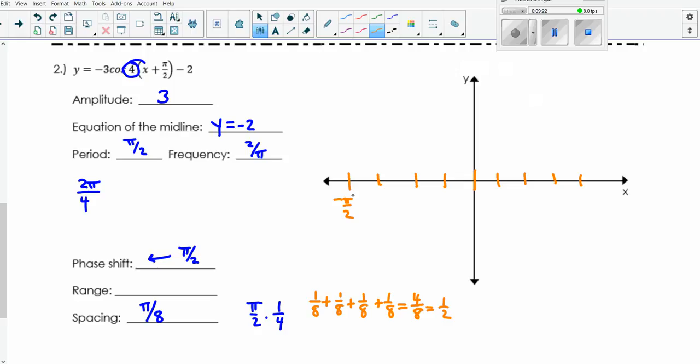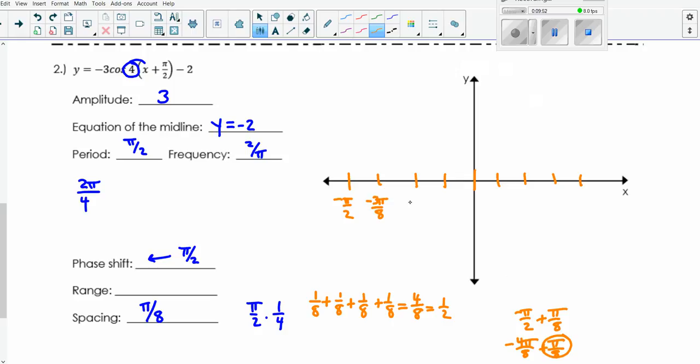Okay, so if I'm at negative pi over 2 and I want to add pi over 8, my common denominator is 8, so I have negative 4 pi over 8 plus pi over 8, and I'm going to keep adding this every time. Then that puts me at negative 4 pi plus pi is negative 3 pi, so this will be negative 3 pi over 8.